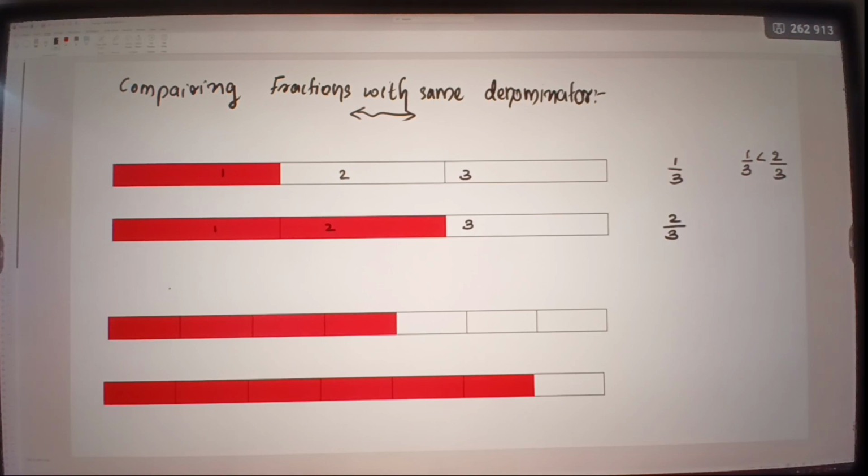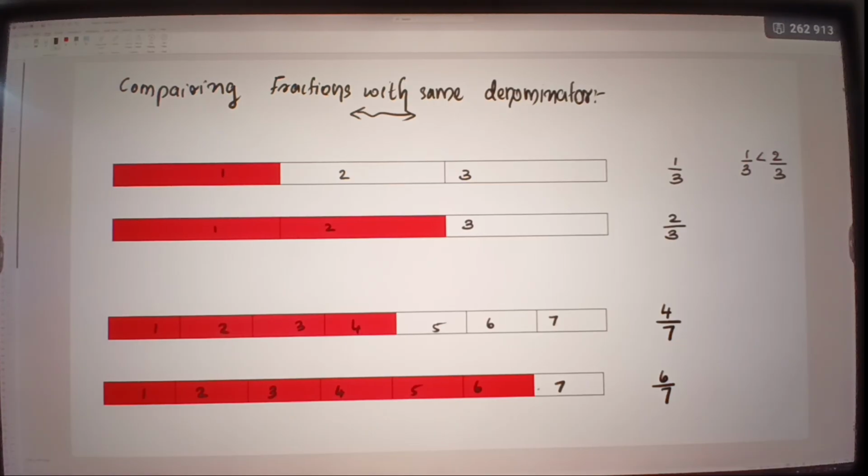Now look at the second question. So total 7 parts are there. Out of 7 parts, 4 parts are shaded. So 4/7. So total 7 parts are there, 6 parts are shaded.